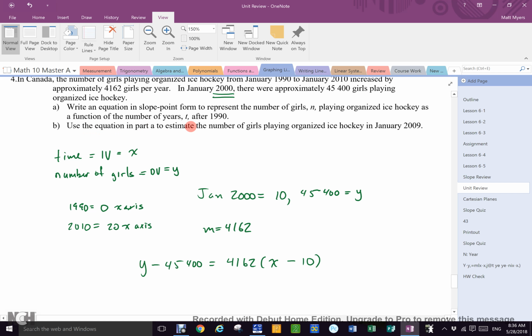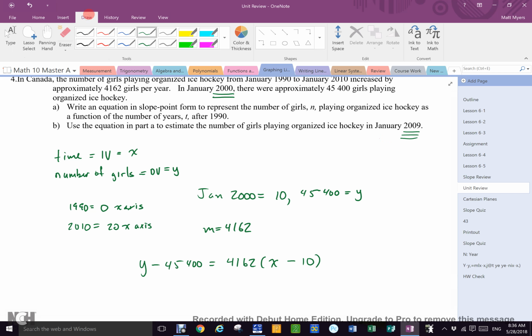Now, use the equation to determine the number of girls playing hockey in 2009. What x value is that? 9, correct? Everyone agree? So that x value, x equals 19.